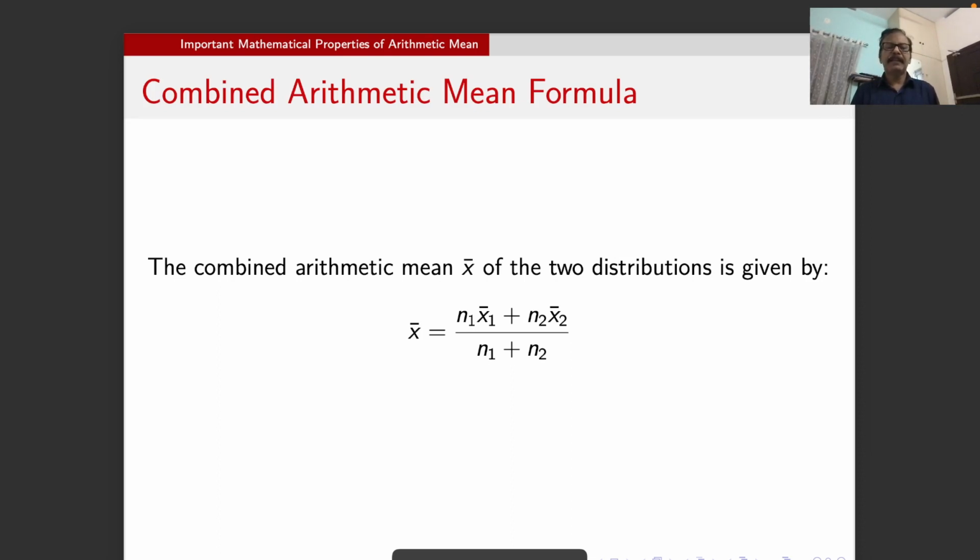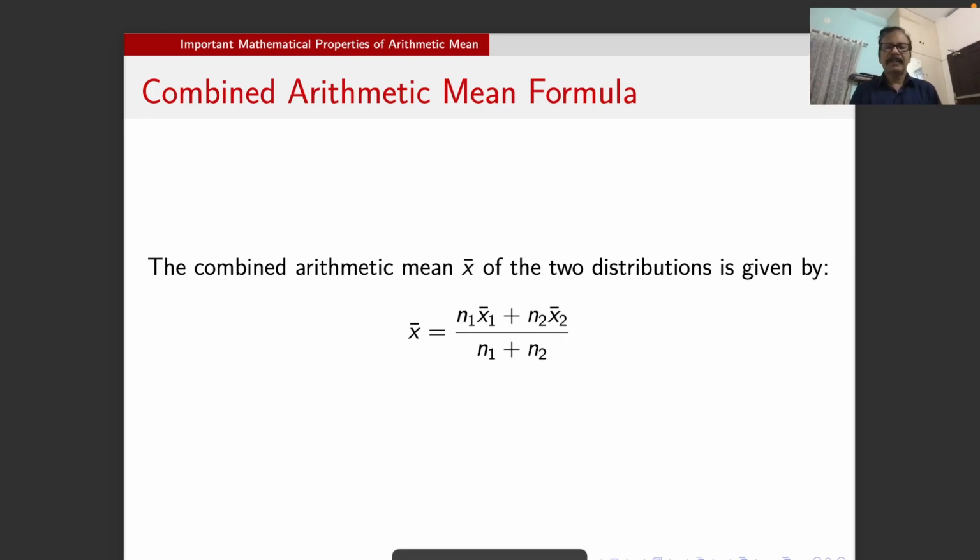Then their combined arithmetic mean is x bar equal to n1 x1 bar plus n2 x2 bar divided by n1 plus n2, where the two frequency distributions have n1 and n2 observations, and the corresponding means are x1 bar and x2 bar.